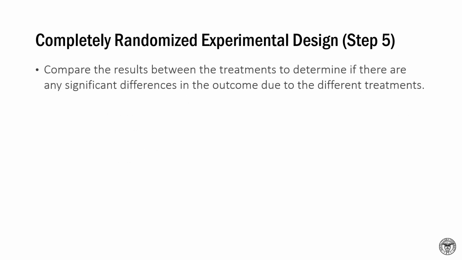In order to determine if there are any significant differences in the outcome due to the different treatments, the 5th and the last step of a completely randomized experimental design is to compare the results between the treatments.